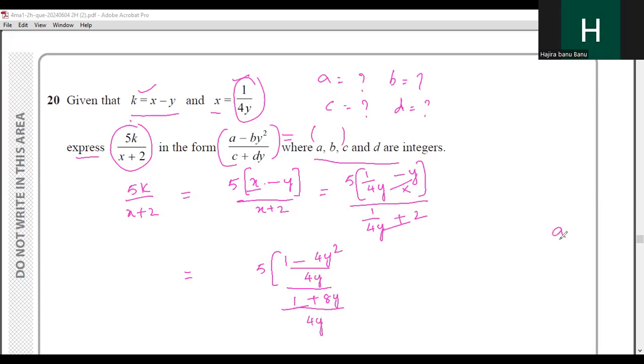If I have a by b divided by c by b, I can cancel b and b, and it will be a by c. So here also I'm cancelling out 4y and 4y.